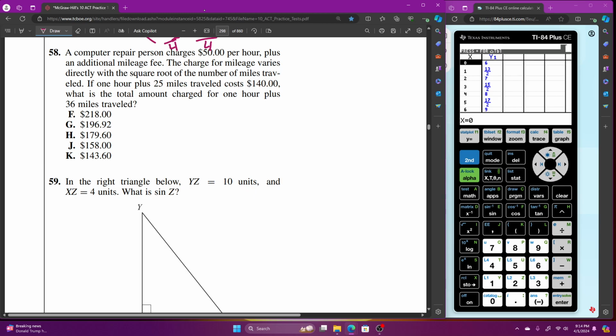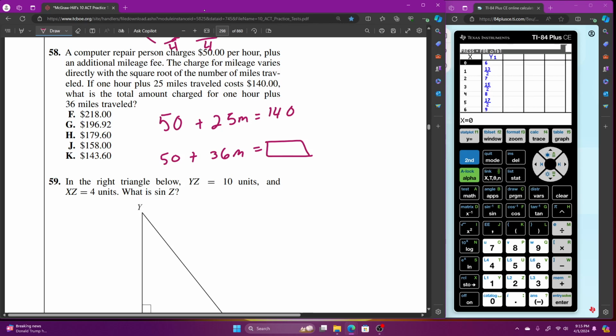So we know they charge $50 for the hour. So $50 times 1 hour, and both of these are for 1 hour, plus 25m equals 140. Then we want to know what 50 plus 36m is equal to. And to do that, we got to find out what that mileage fee is.